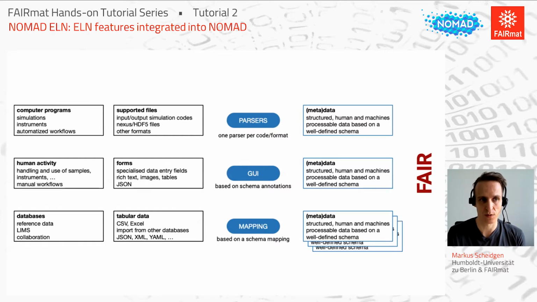So there can be programs that analyze the files and use the structured data and just translate it into NOMAD's common data format. And as an end result, we get all the data in a homogeneous kind of structure, and then we can build the rest of the platform on top of this, like searching and visualization and analysis and stuff like this. So this is what NOMAD always did, right? And what it still does.